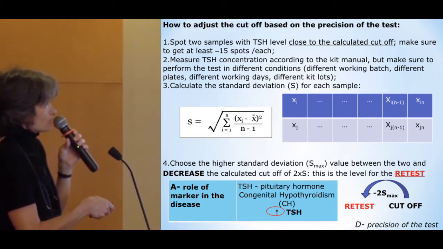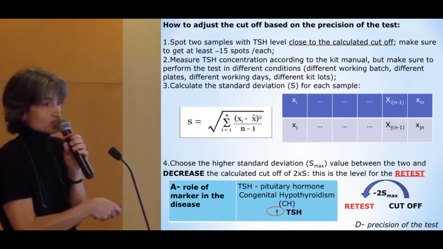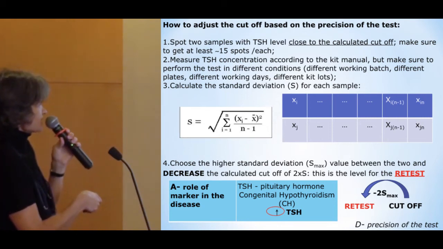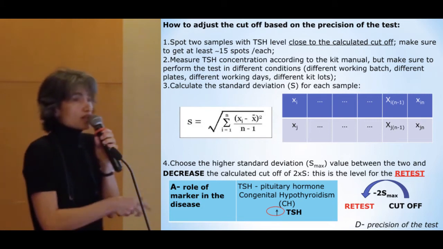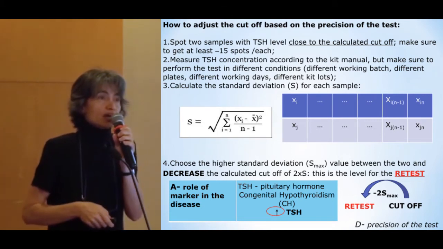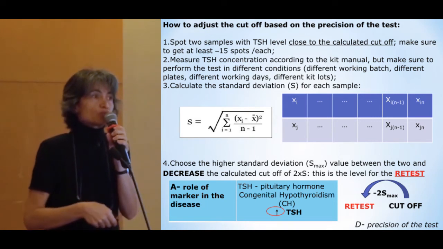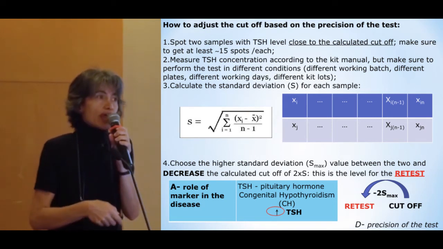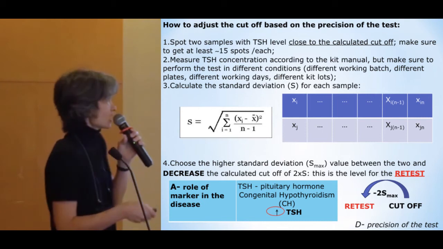And I mean different plates, different batches, different working days, and different kit lots, in order to take into account all the possible factors that produce variability in your lab settings, okay?